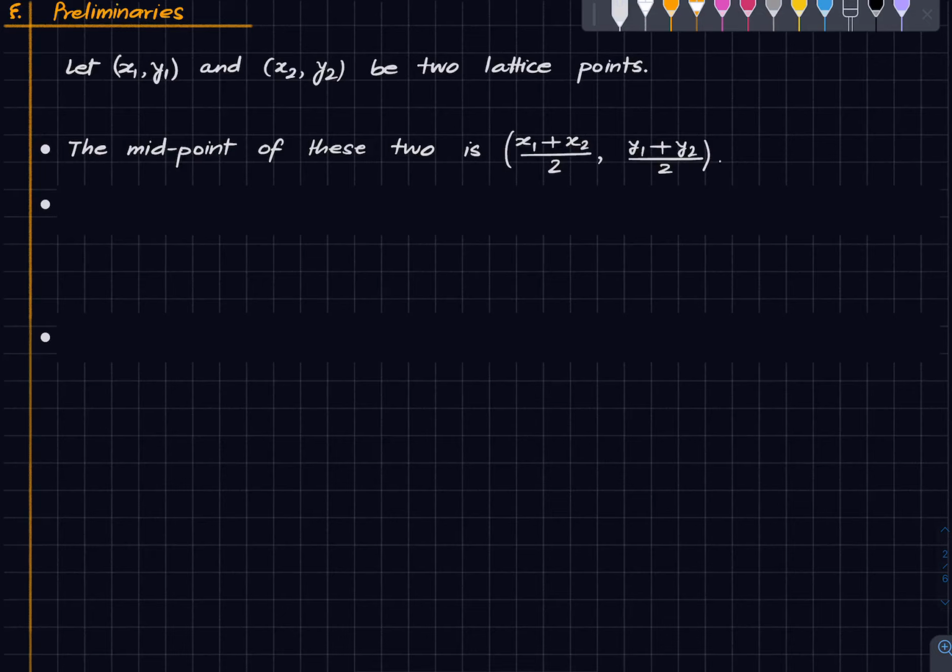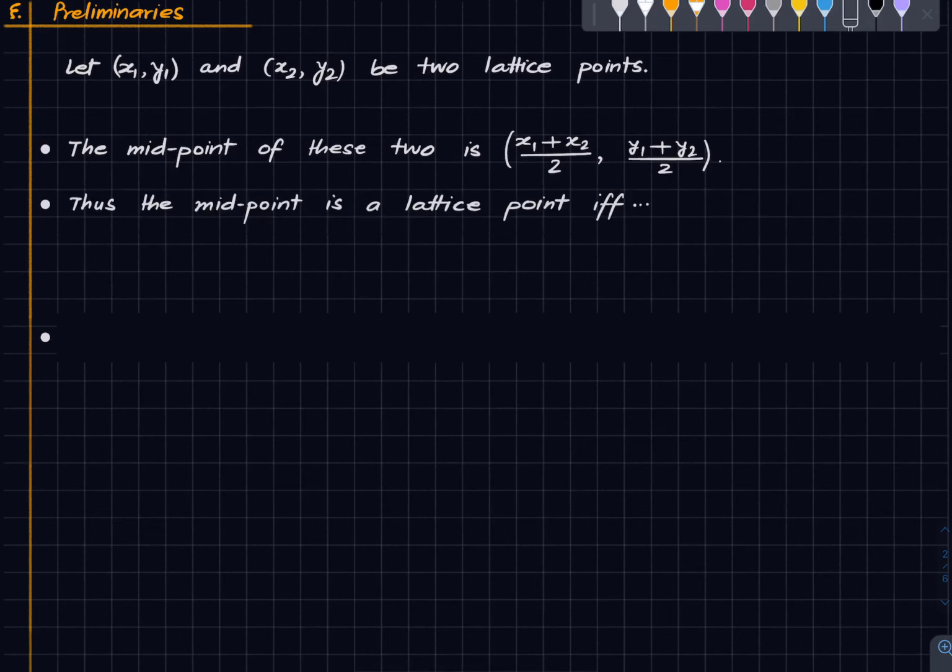So that is their midpoint, and therefore the midpoint of the given 2 lattice points is again a lattice point if and only if both coordinates are integers, because lattice points are precisely those points whose both coordinates are integers.